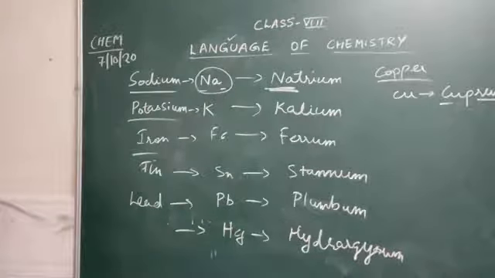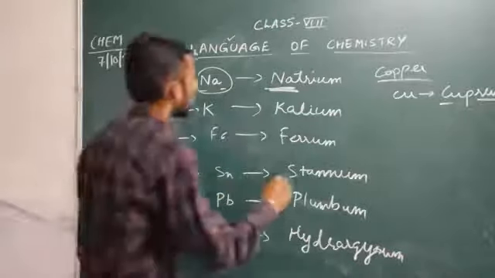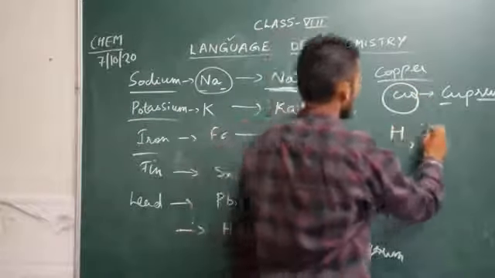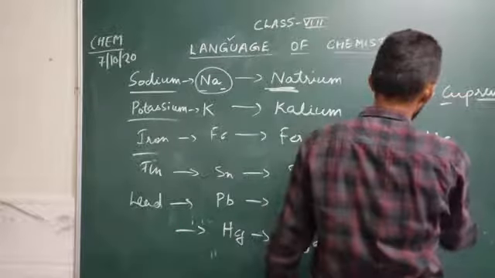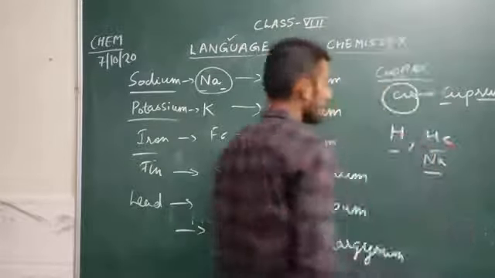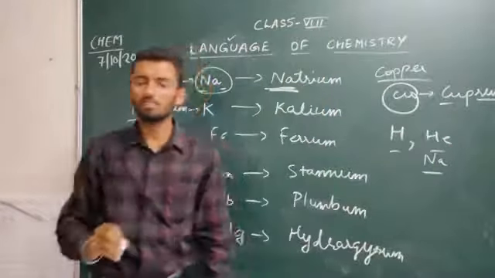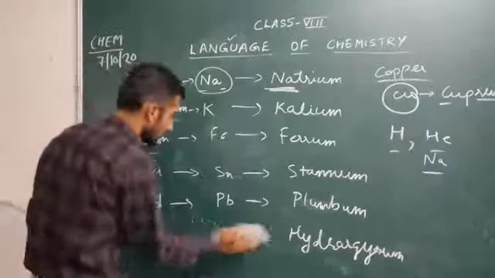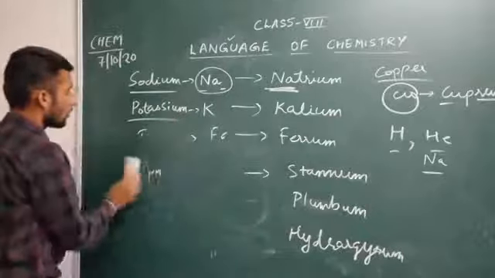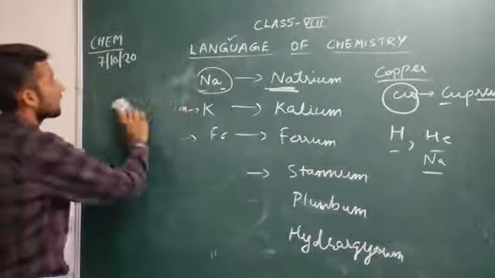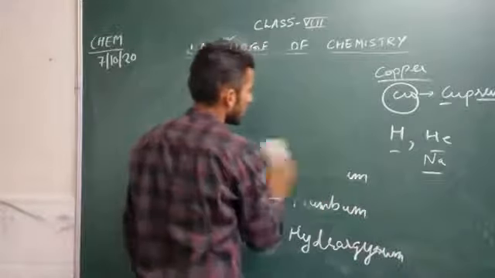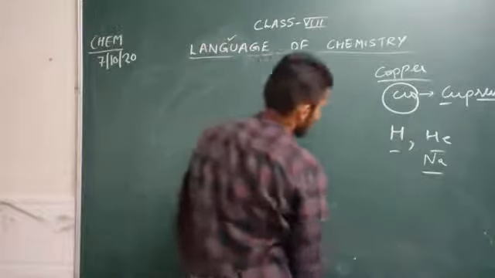Now these were the atomic symbols. Now you must keep in mind that one symbol, like Cu, or H, or He, or Na, represents one atom. What is an atom? We had studied in the previous chapters that atoms are the smallest particle of the element that take part in a chemical reaction.